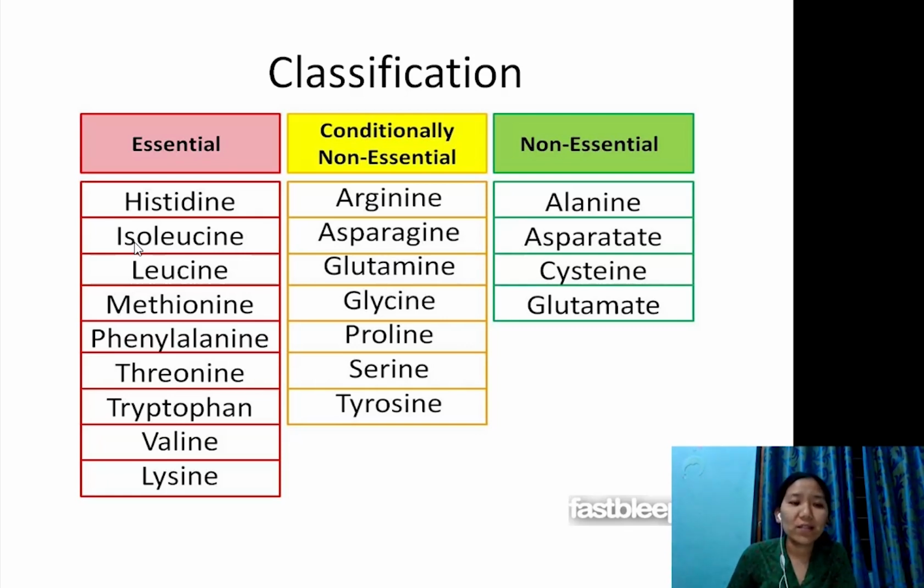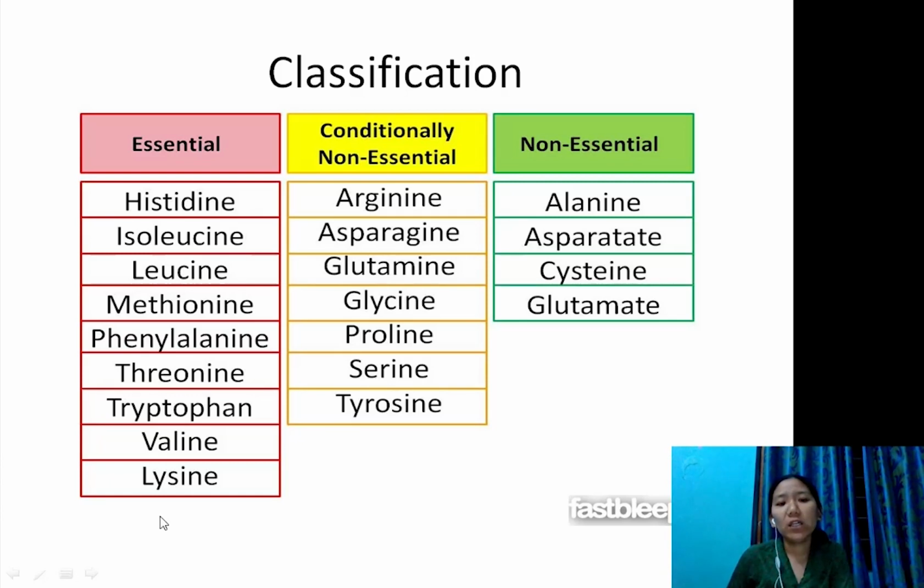To get these essential amino acids, such as histidine, isoleucine, leucine, methionine, phenylalanine, threonine, tryptophan, valine, and lysine, we have to take protein-rich food that contains these amino acids.